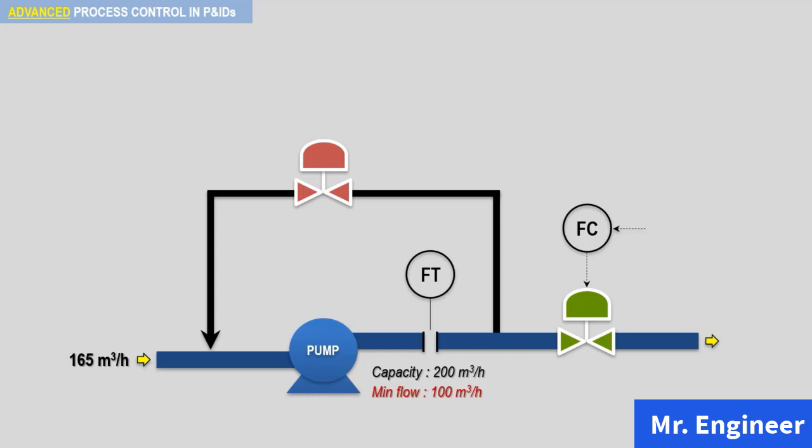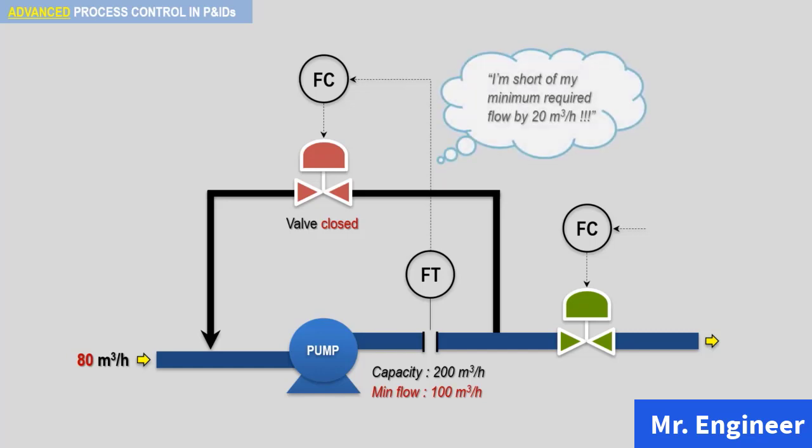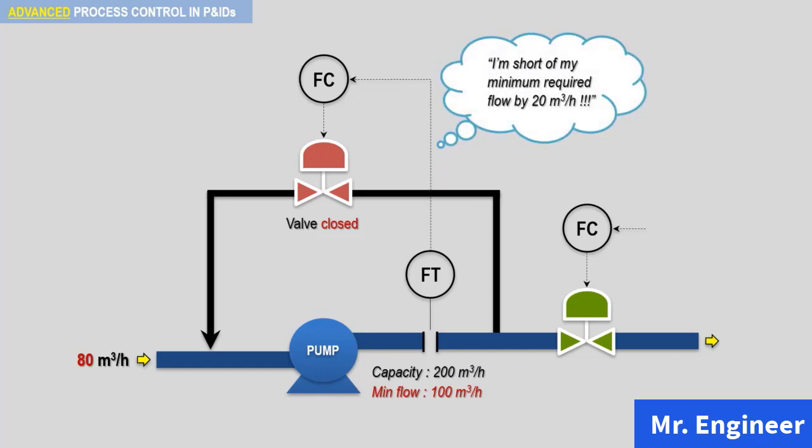In this case, the sensor on the pump outlet sends a signal to the control valve on the recirculation line and it remains closed. However, if the flow drops below 100 cubic meter per hour, for example 80 cubic meter per hour, the flow sensor on the outlet will send a signal to the controller to say, "Hey, I'm short of my minimum required flow by 20 cubic meter per hour, and I'm worried about the pump.